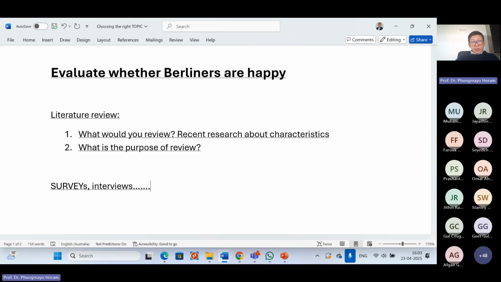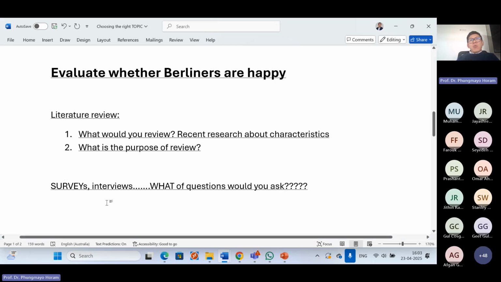But when you do a survey, when you do interviews, you want to find out whether Berliners are happy, but you'll have 10 or 15 questions. The critical question is, what kind of questions would you ask?